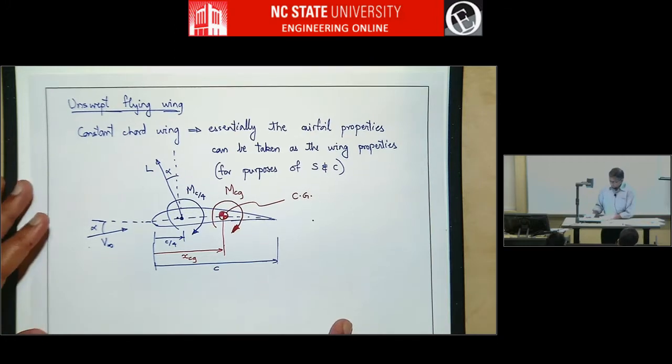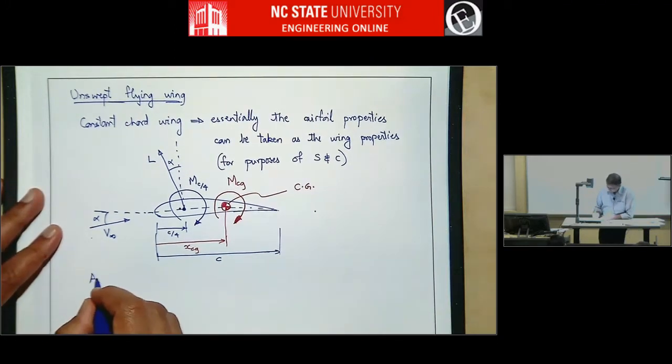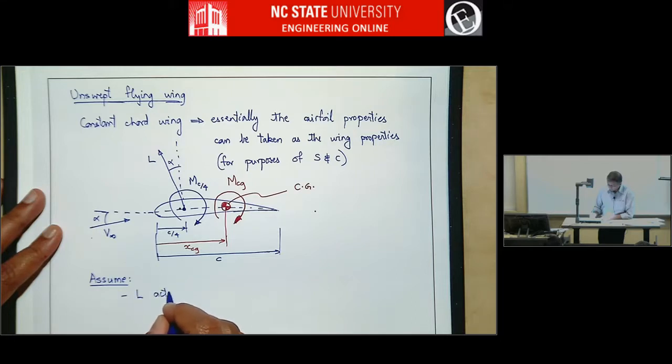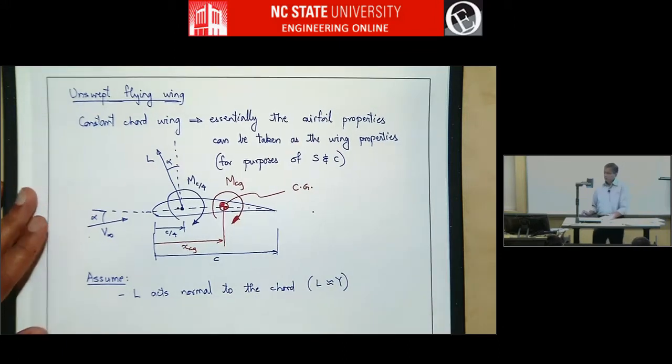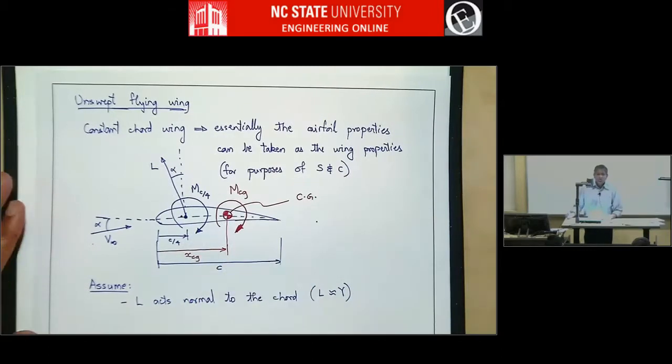Okay, so a couple of assumptions. We are going to assume lift acts normal to the chord. So in other words, lift is approximately equal to the y force. Right, you can see here lift is not normal to the chord, it's perpendicular to V infinity, but we are going to make this assumption as we go to the next few steps.